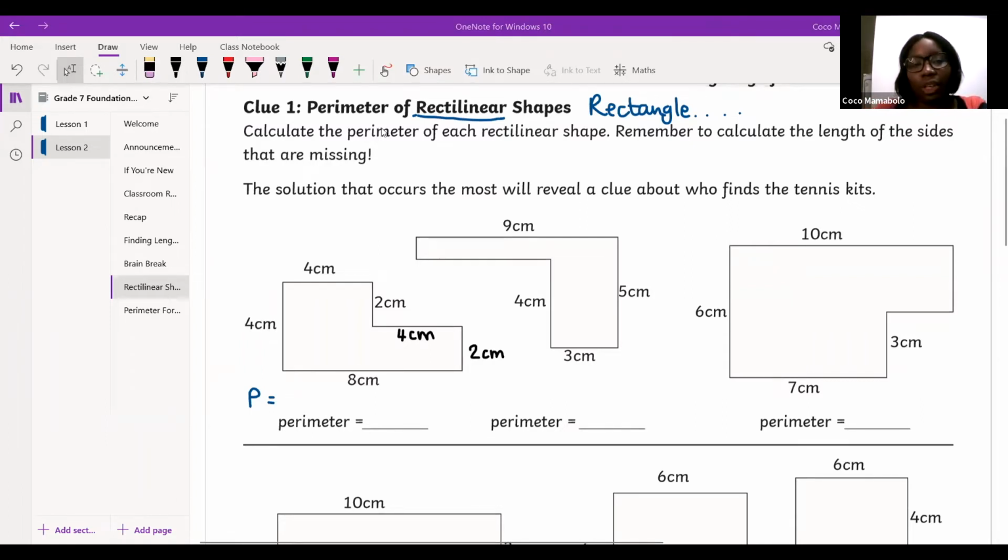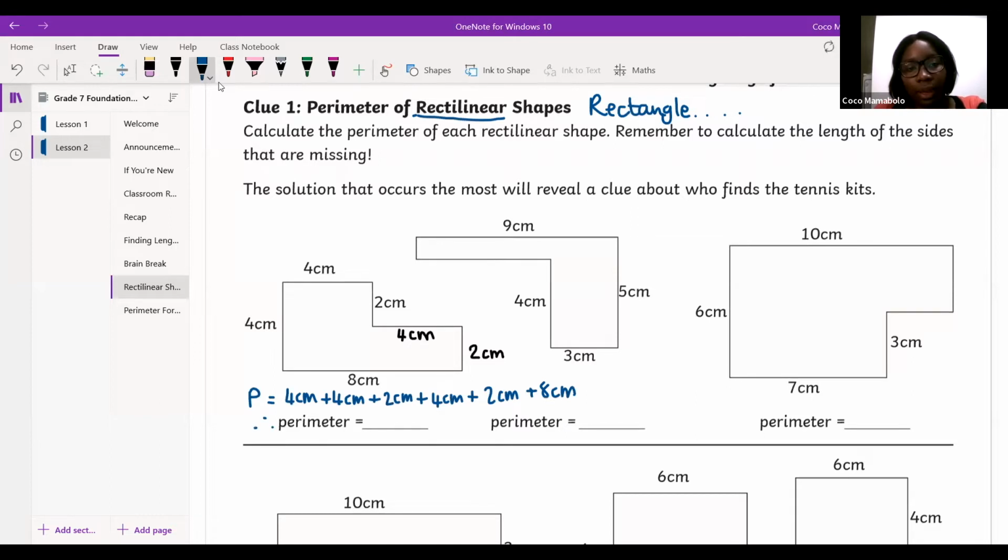All right, so let's look at how we would calculate for this. P is equal to, and I'm going to start on this side, 4 centimeters plus 4 centimeters plus 2 centimeters plus 4 centimeters plus 2 centimeters plus 8 centimeters.